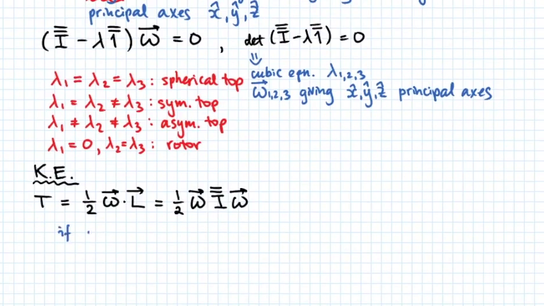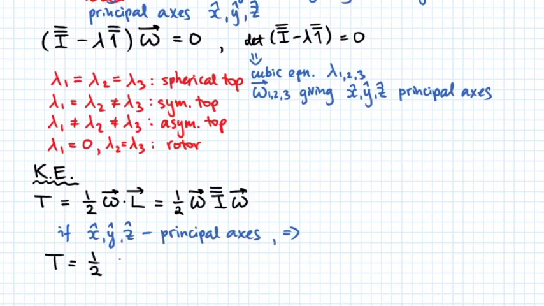If our choice of x hat, y hat, and z hat coincides with principal axis, then we get that the kinetic energy is going to be given by the sum of diagonal terms I sub i times omega i squared.